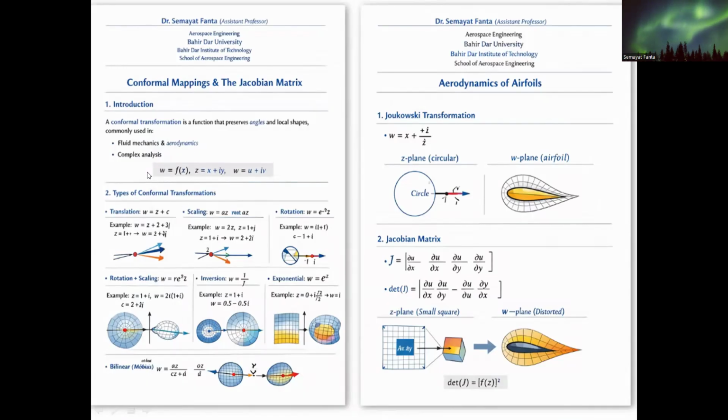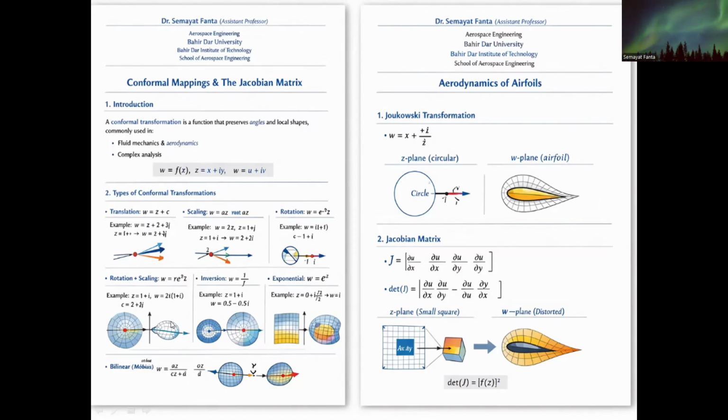We represent the conformal mapping as w equal to f of z, where z is the original plane, the xy plane, and w equal to u plus i v is the complex transformed plane. The types of conformal transformation we have discussed are translation, scaling, rotation, inversion, and exponential transformation.